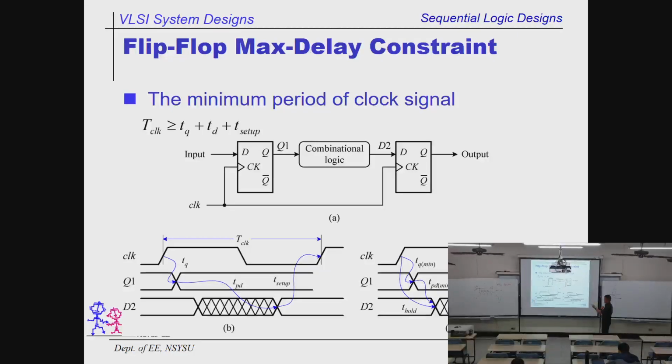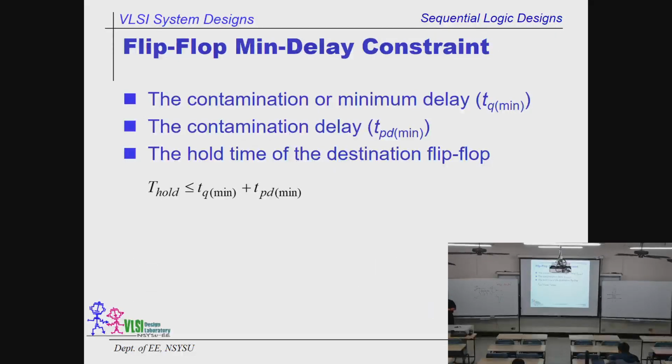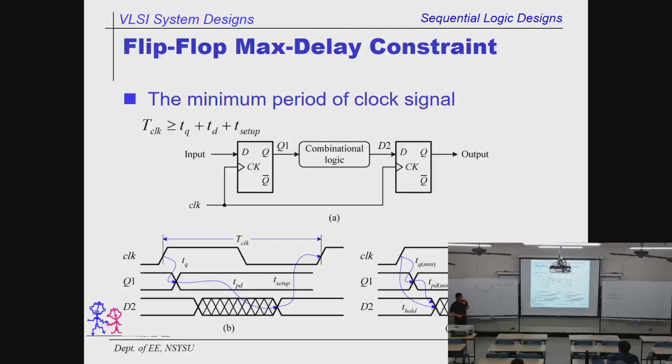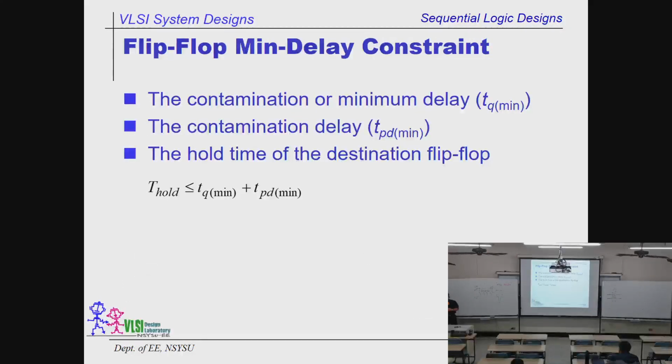The one we have to follow is the left one. You got to make sure this is the equation you want to follow. This is called the constraint, the flip-flop minimum delay constraint. That is the figure in the right corner. This means that it's faster. The whole time must satisfy the quickest one, TQ minima plus TPD minima.